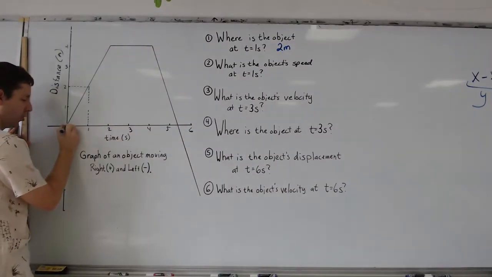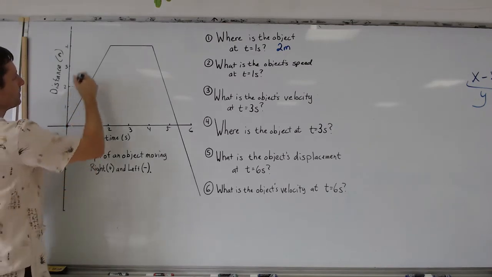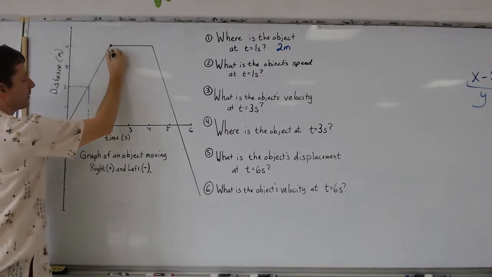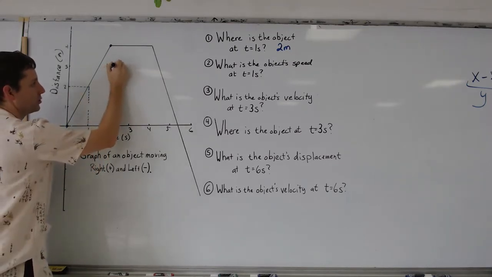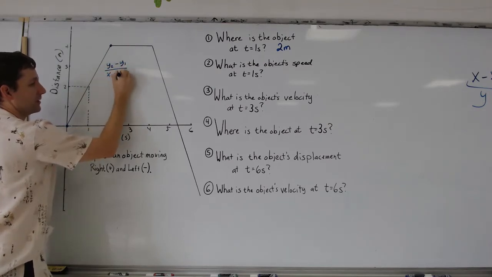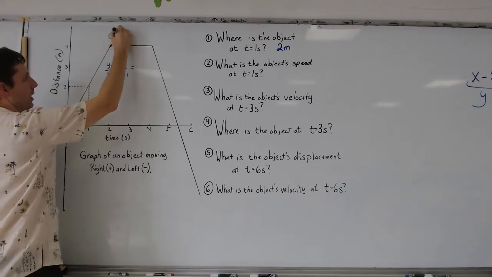I'm going to pick the origin. I like the origin because that's 0, 0. That makes the math easy. And then I'm going to choose this point up here, which is 2, 4. And so in order to calculate the slope, I'm going to do y2 minus y1 over x2 minus x1. And so this one was 2 comma 4.